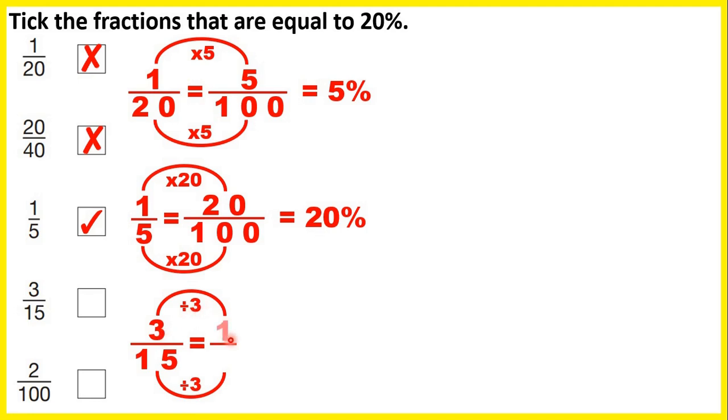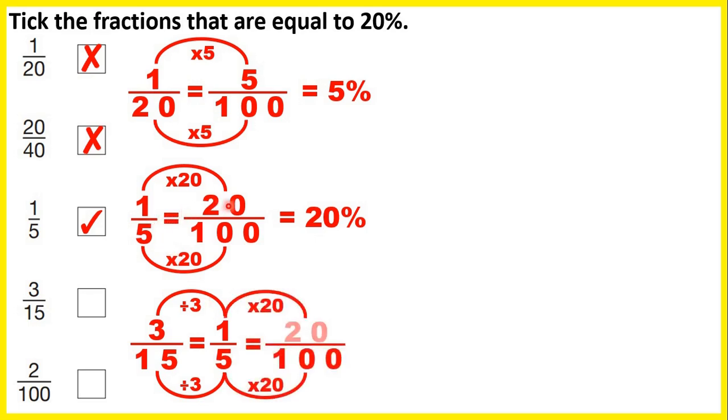So 3 divided by 3 is 1, 15 divided by 3 is 5. So because 3 over 15 is the same as 1/5, and we've seen that 1/5 is equivalent to 20 hundredths, 3/15 will be equivalent to 20% as well. And now 2 hundredths is not the same as 20%, because if we only have 2 hundredths, then we have 2%, not 20%.